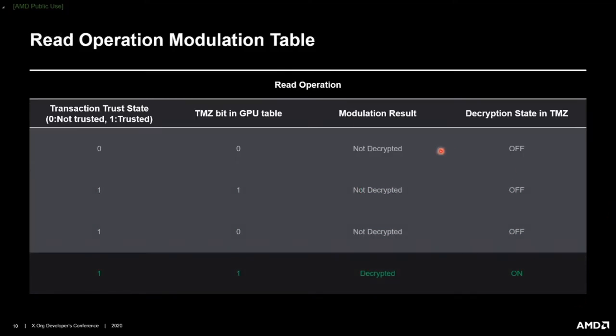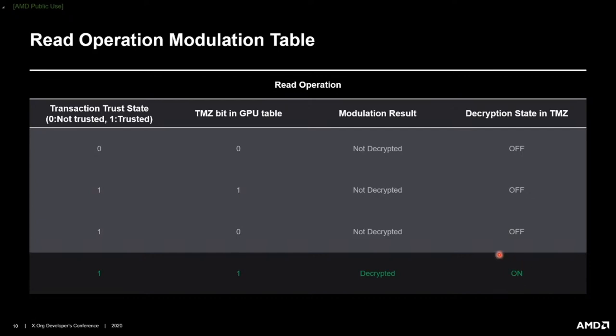Okay, let's move to the read operation modulation table. The format of the read operation table is actually similar to the write table. From the table, we can see that only when the modulation data is on and the TMZ bit is set in the GPU page table at the same time, the result can be decrypted, and the decrypted state in TMZ will be on.